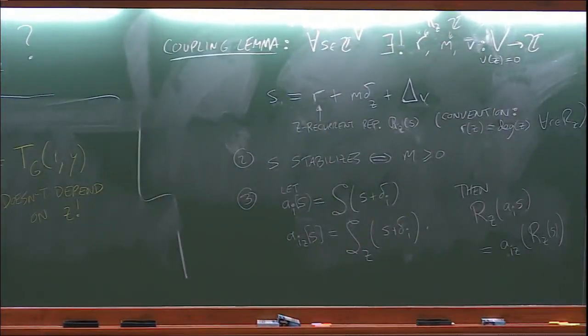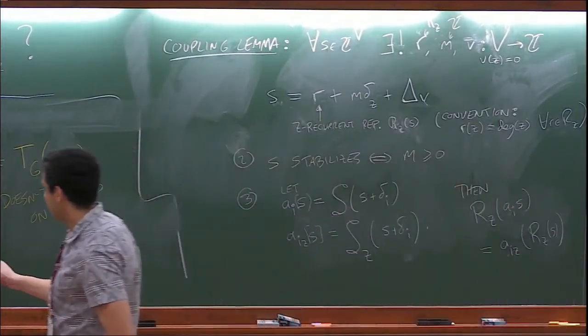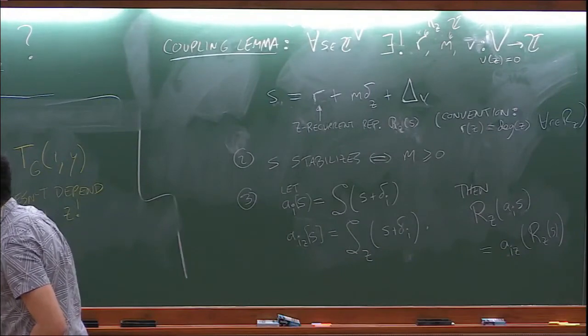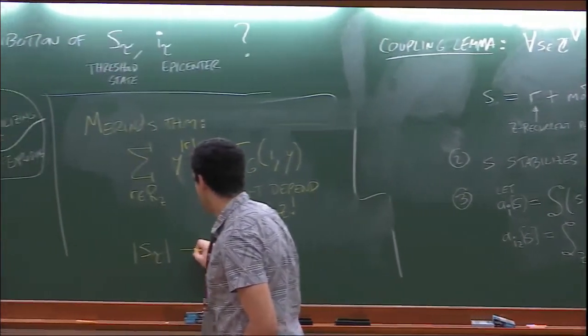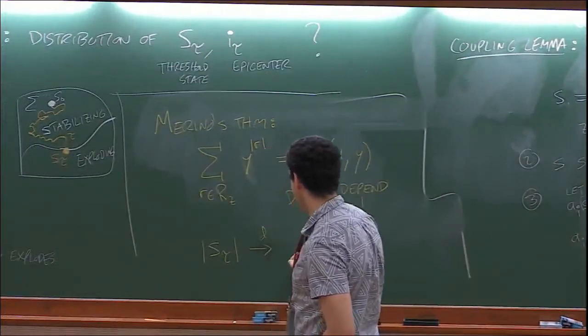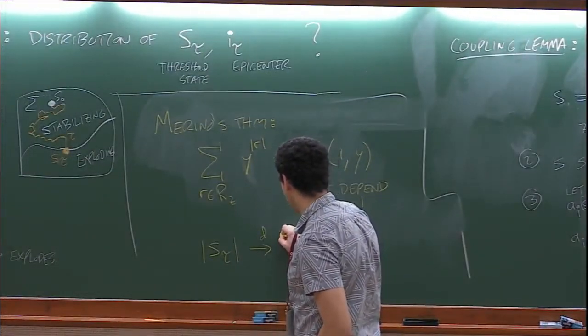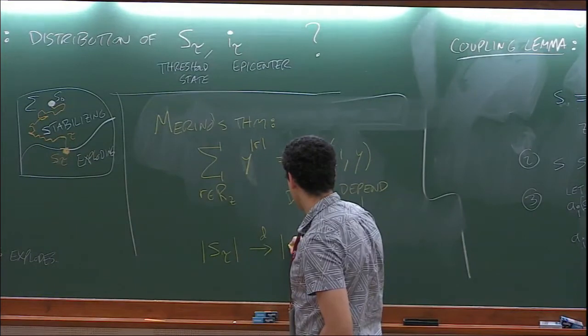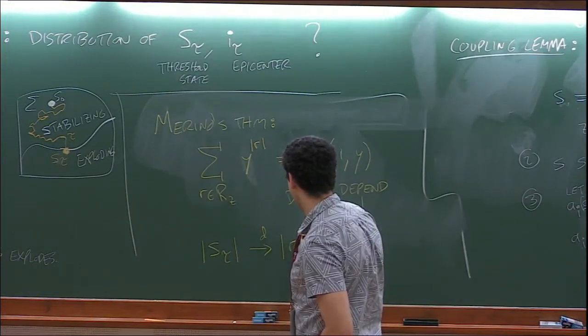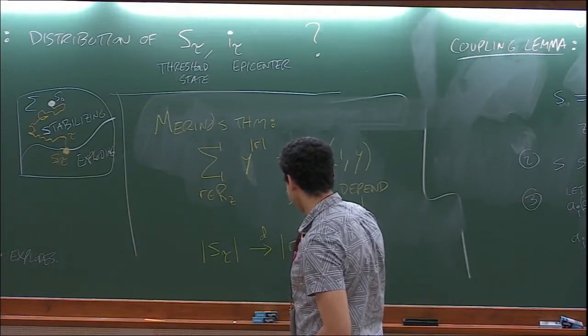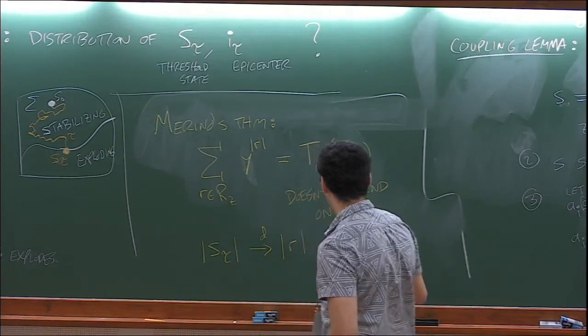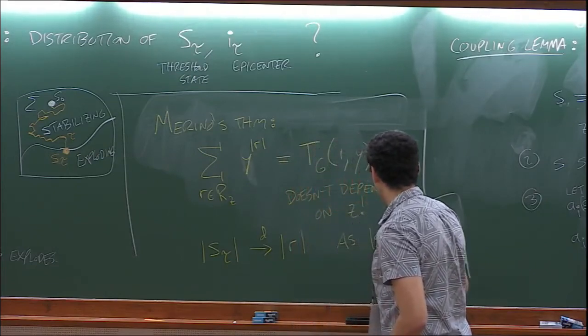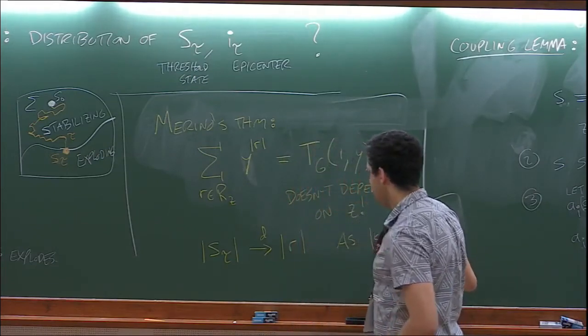So if you combine this with Merino's theorem, what you'll get is that if you take the number of chips in the threshold state, that will converge in distribution to the number of chips in the uniform recurrent state, again as S0 goes to minus infinity.